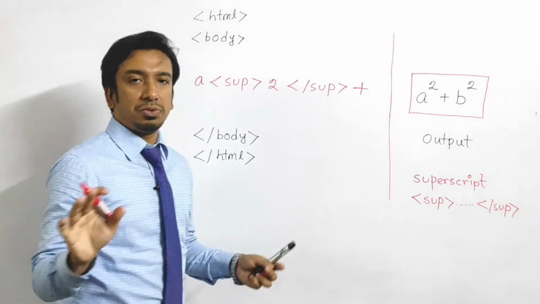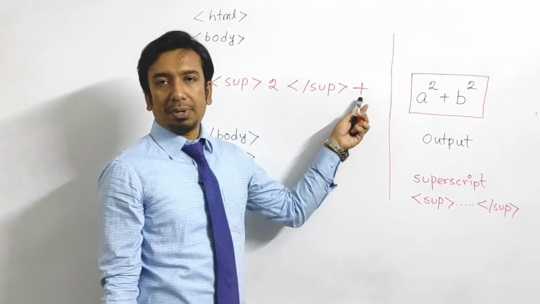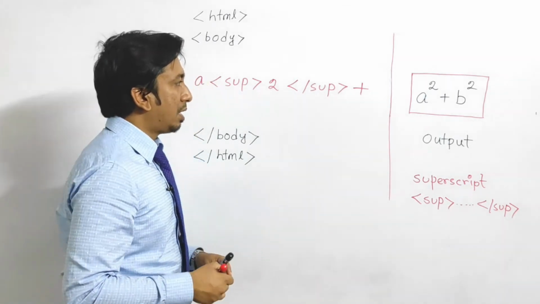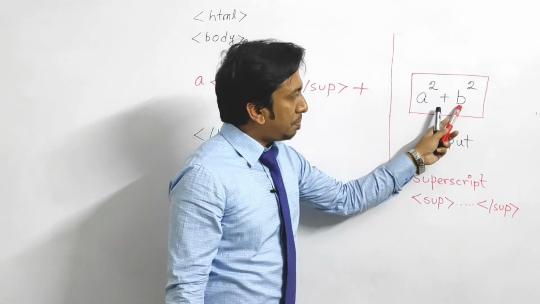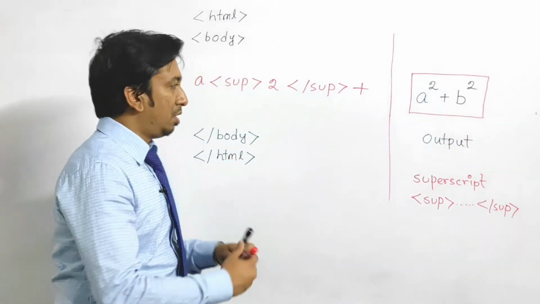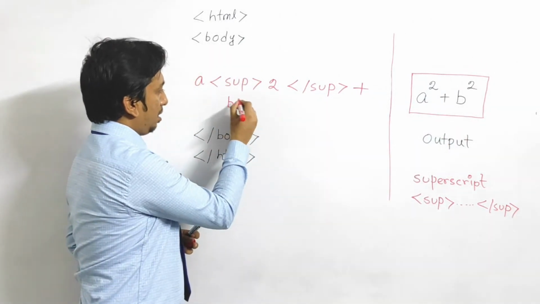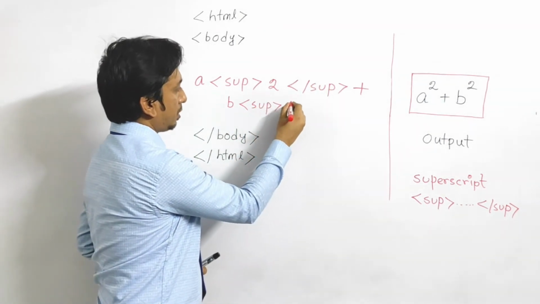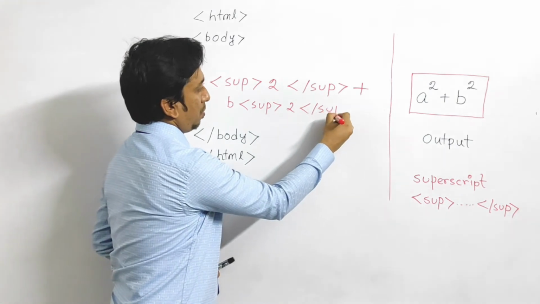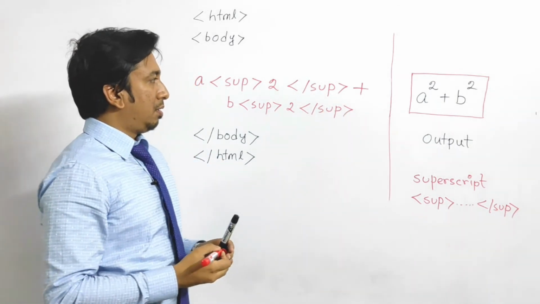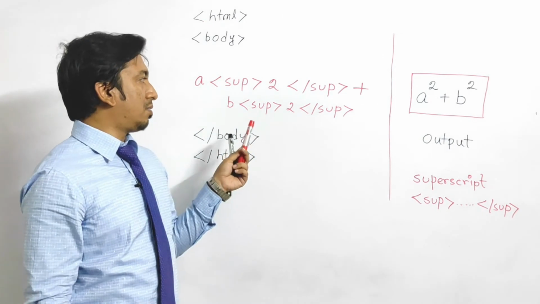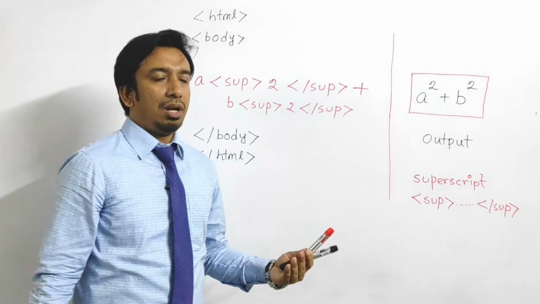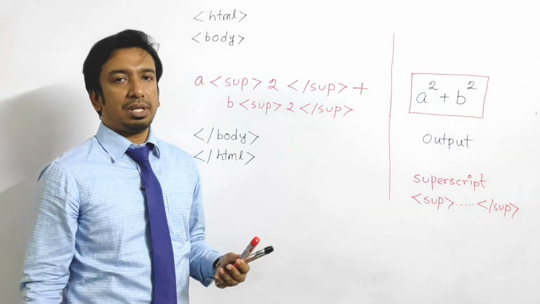Don't need to use any special tag, just normal plus. You can use plus, minus, brackets, don't need any tag. Then our text b, then again b to the power 2. So write b here, then 2 is the power position, so write sup 2, then close the sup tag. If you write this, it's the correct format to use superscript, or you can say power, in HTML.